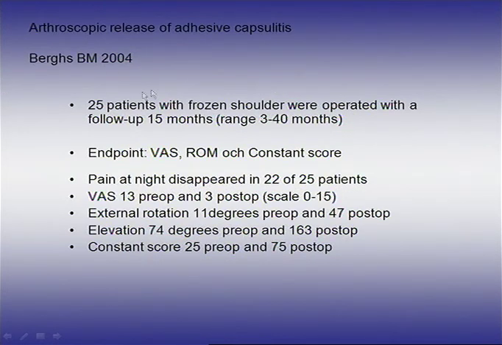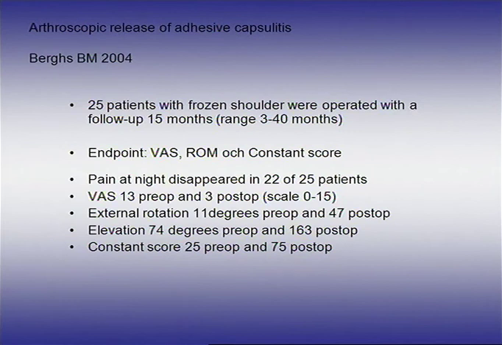There are a few studies about follow-up after arthroscopic release. Berg and co-authors treated 25 patients with frozen shoulder with a follow-up of 15 months. They were tested with the VAS scale, range of motion, and constant score. They found that the pain at night disappeared in 22 of the 25 patients.